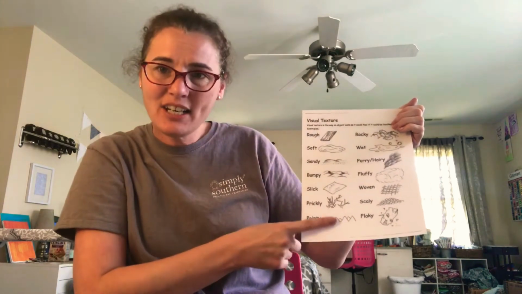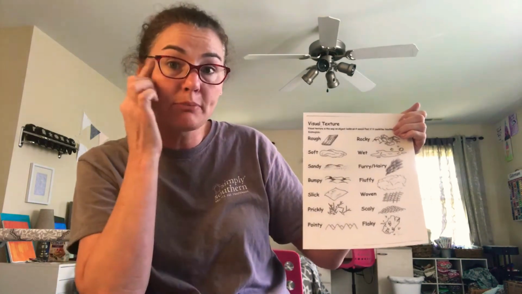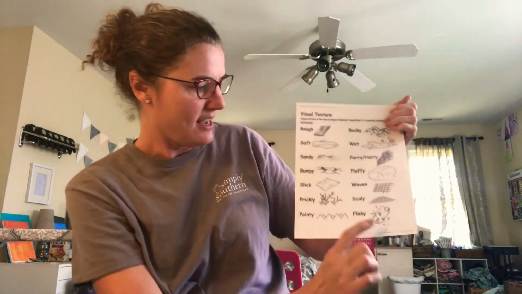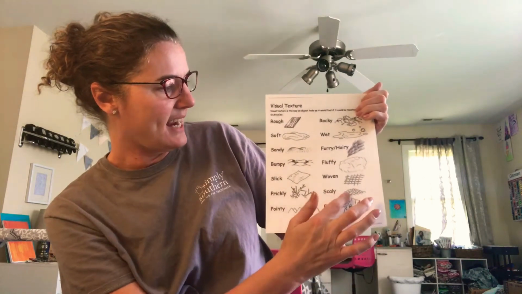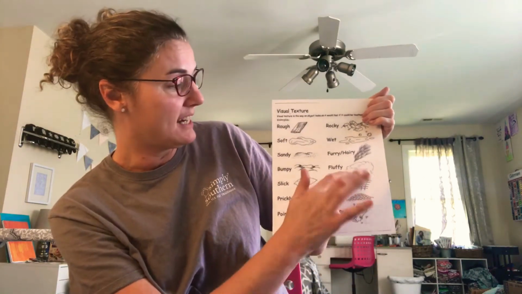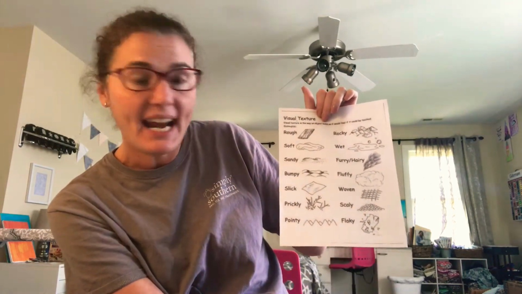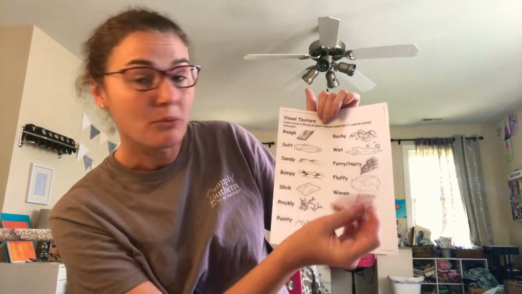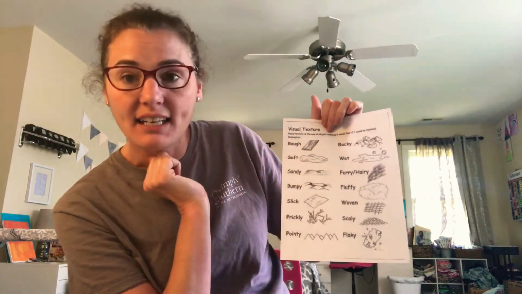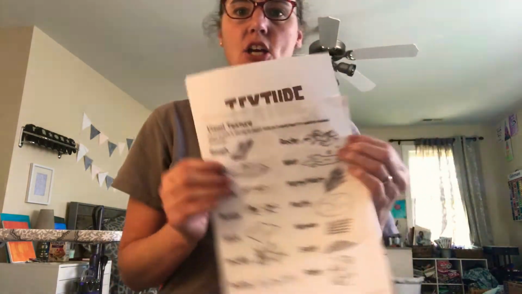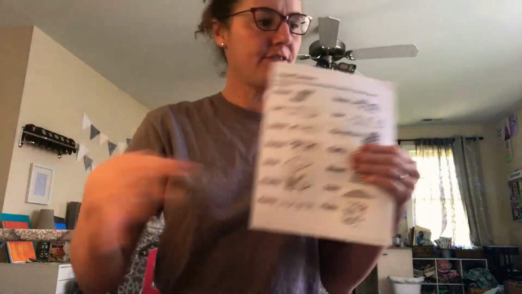When I touch it, it doesn't feel pointy, but it looks pointy. That's visual texture. Flaky, scaly, woven, fluffy. Furry or hairy, wet. You can definitely tell when you're wet. Rocky.